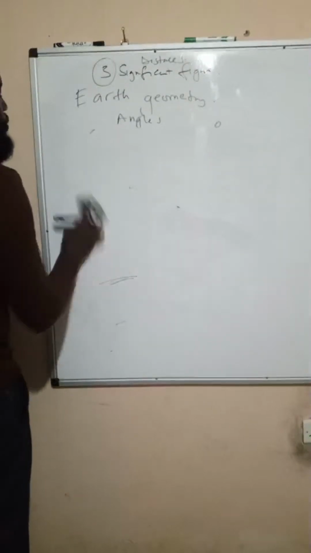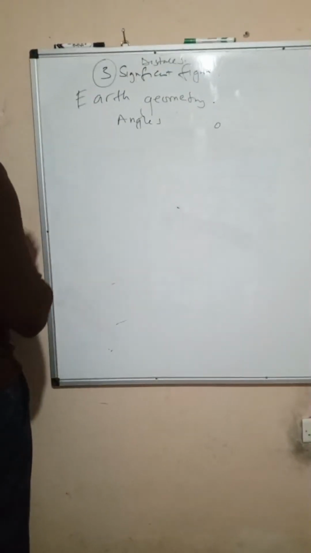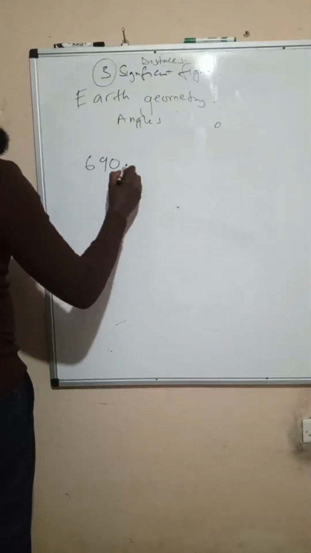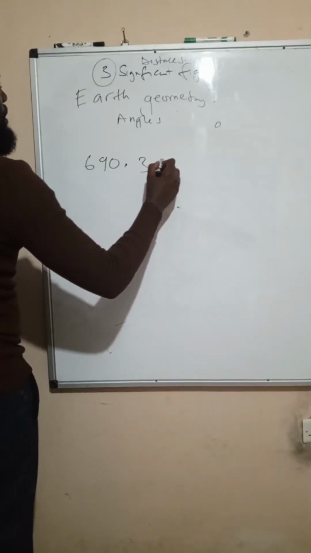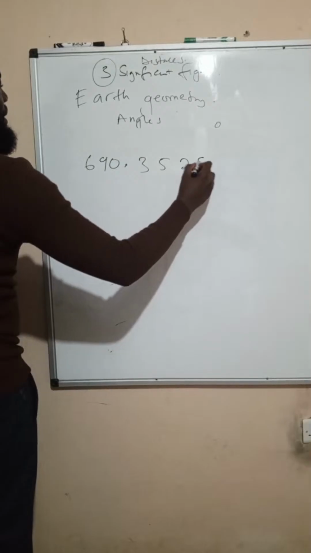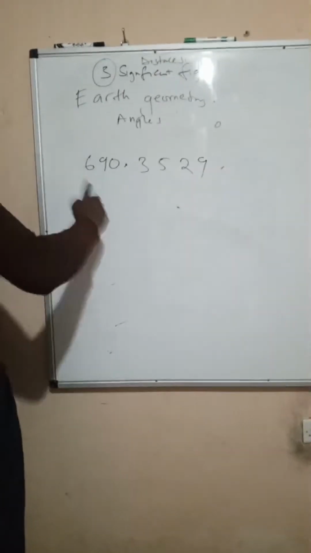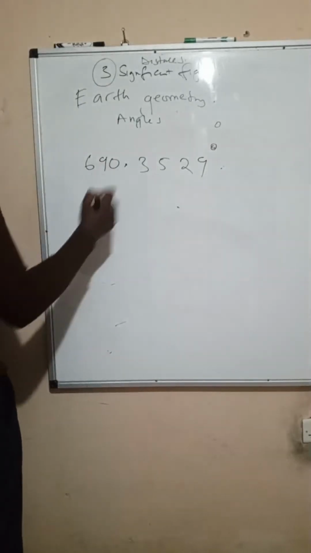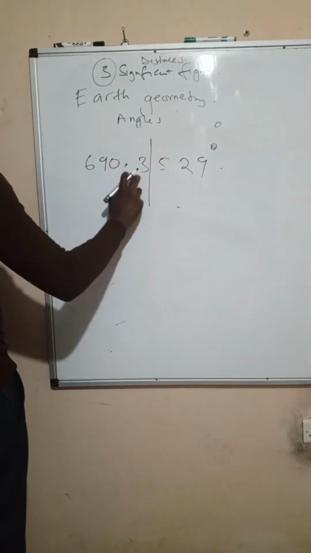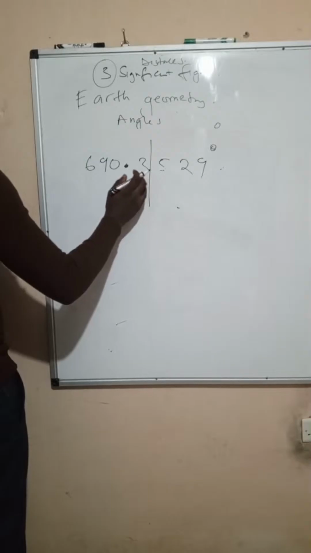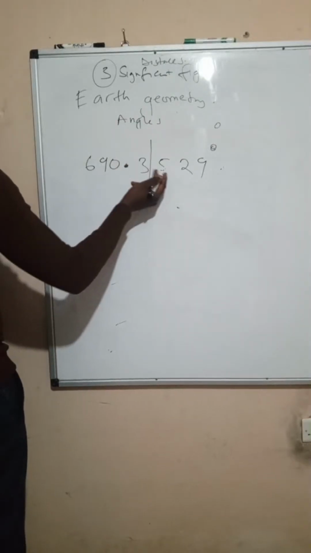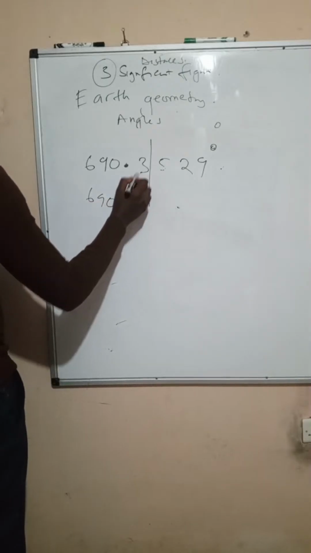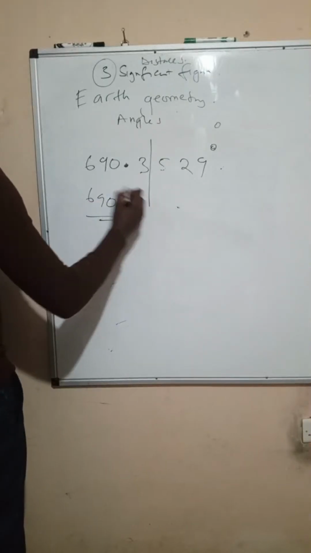If, for example, 690.352.9 what, always round off, if this is degrees, round off to one decimal place. Here, 1. Then the decimal place is the number after the decimal point. You add 1 to this one. 690.4 degrees.